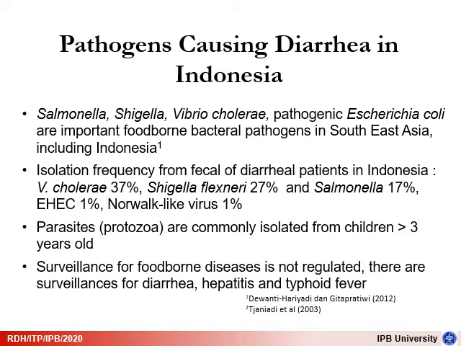Parasites, protozoa, are commonly isolated from children above 30 years old, but surveillance for foodborne diseases is not regulated specifically. We can only see surveillance for diarrhea, hepatitis, as well as typhoid fever.